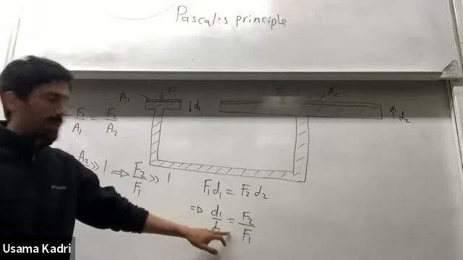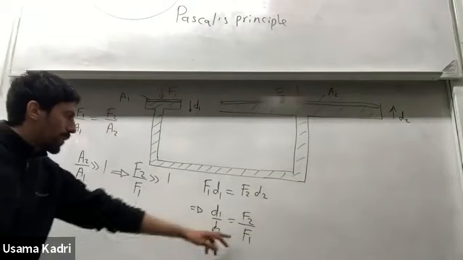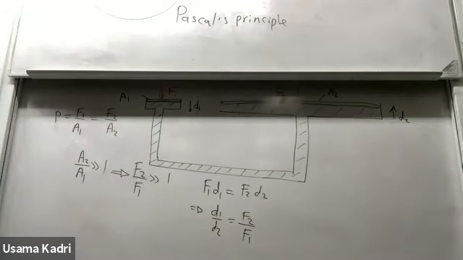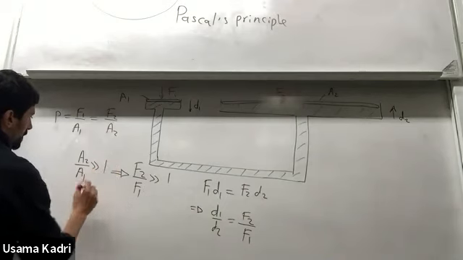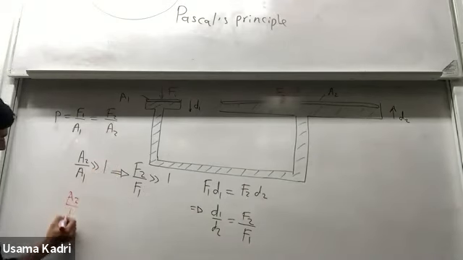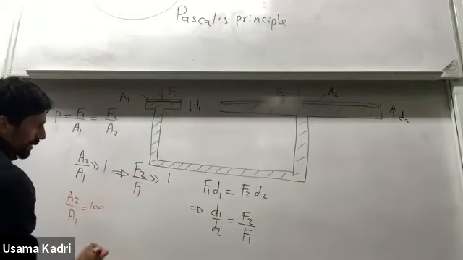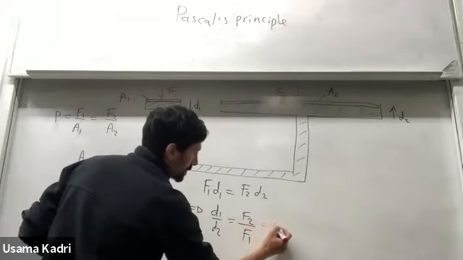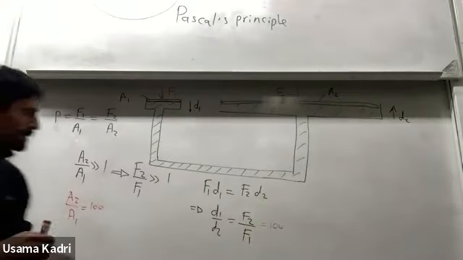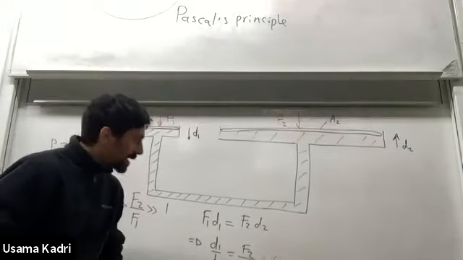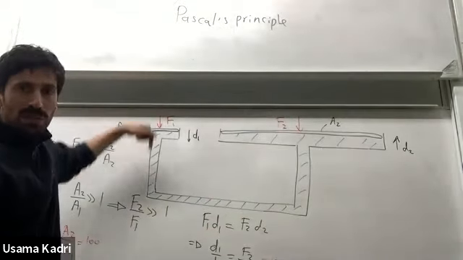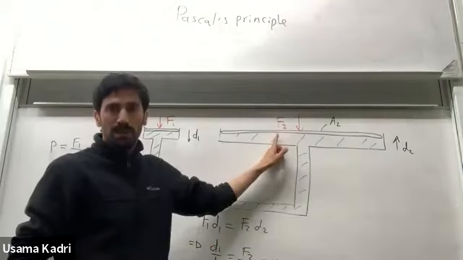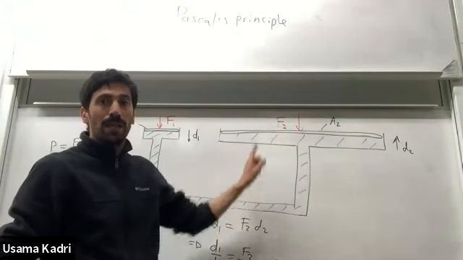Let's take a number here. Let's say that A2 over A1 is 100. So F2 over F1 is 100. Now you see the picture. Yes, I can push this down and make this go up, but I have to go 100 meters down in order to make this rise by 1 meter.